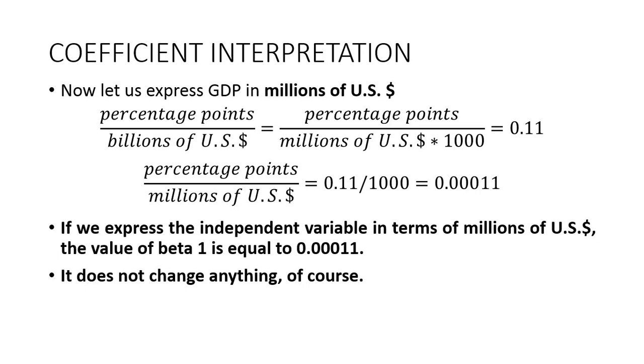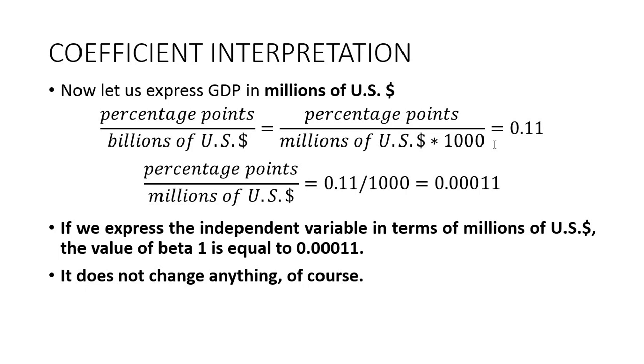As you remember, previously we expressed GDP in terms of billions of US dollars. Now we can see what will happen if you express GDP in millions of US dollars. So as you remember, beta 1 is all about the ratio of units of the dependent variable to units of the independent variable. So dividing percentage points by billions of US dollars is equivalent to dividing percentage points by the product of millions of US dollars and 1,000, because 1 billion is 1,000 times greater than 1 million.